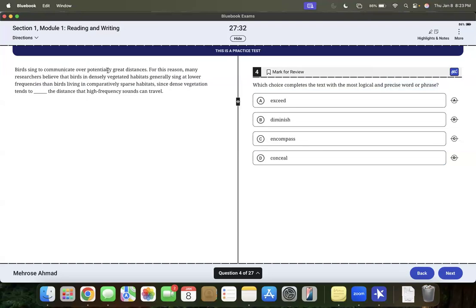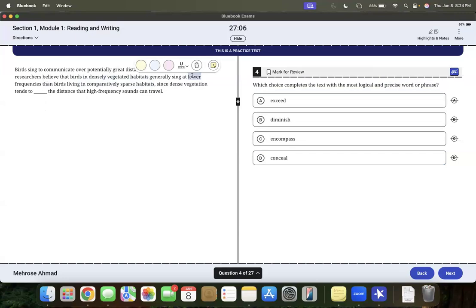Birds sing to communicate with potentially great distances. For this reason, many researchers believe birds in densely vegetated habitats sing at lower frequencies than birds in comparatively sparse habitats, since dense vegetation tends to blank the distance. So if a bird is in a dense habitat, it sings at lower frequencies.